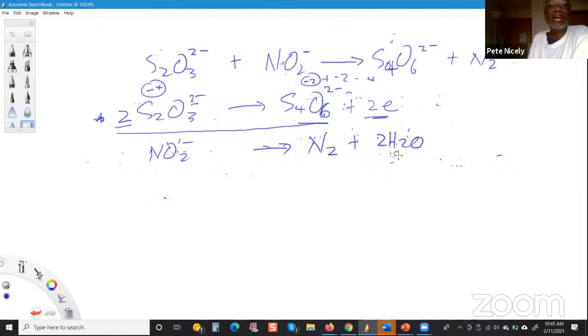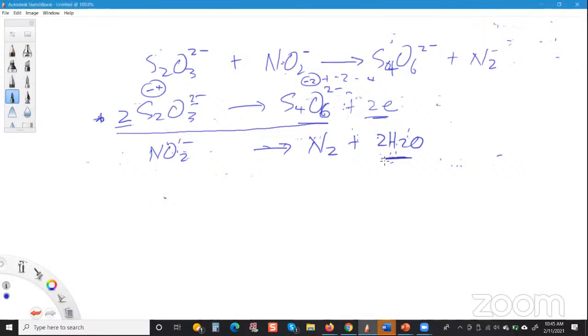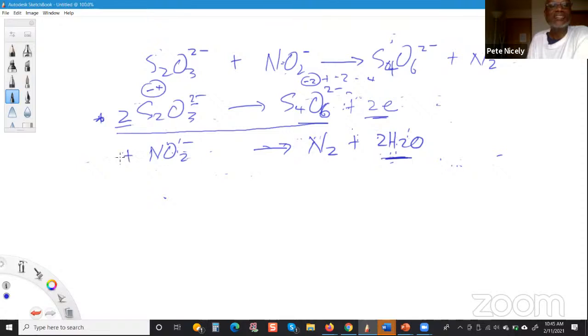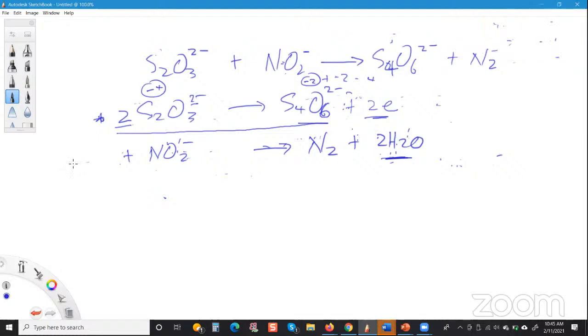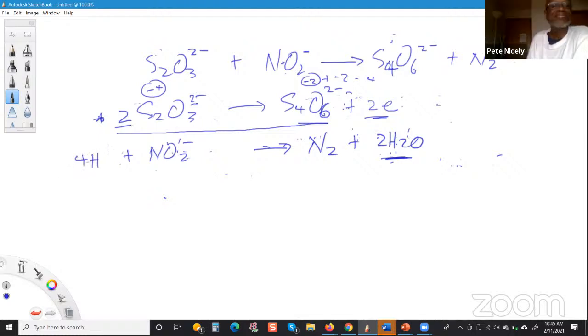Okay, what about the second half equation? To which side would we add electrons? Well, hold on. We need to balance the hydrogen ions first, right? We have 4 hydrogens here. So what do we do on this side? 4 hydrogen ions, right? And then we need to balance the charges.